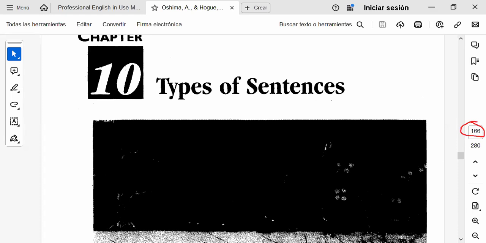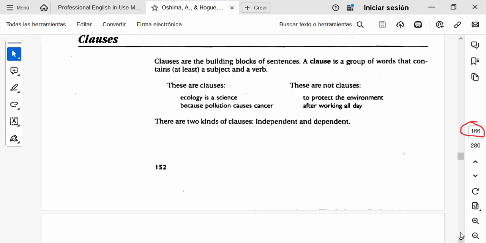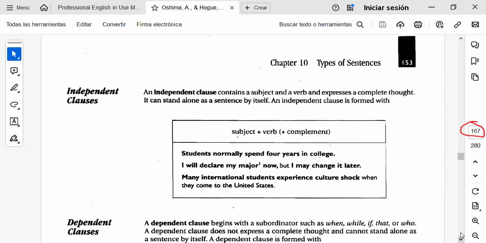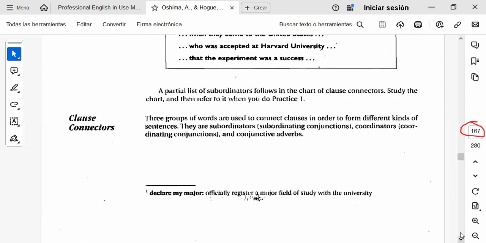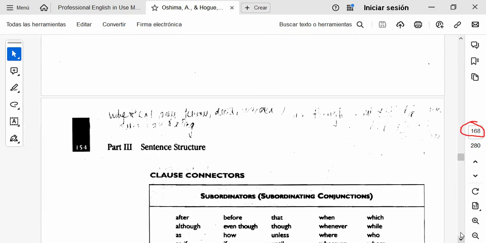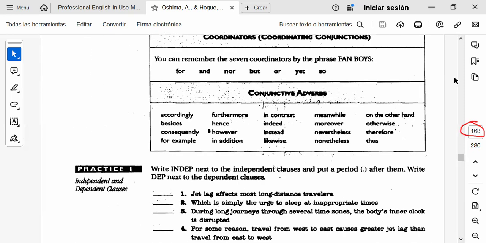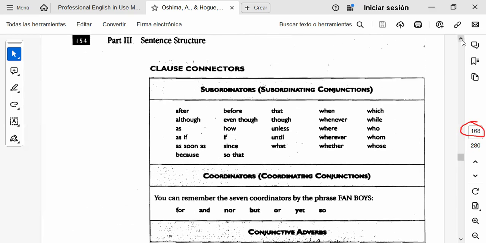good. Let's read some type of sentences. We're going to read, and this gives a definition first, and gives some extra definitions and examples, and also we're going to have, in this case, according to this chapter, when we use clauses, we need to use connectors, okay?